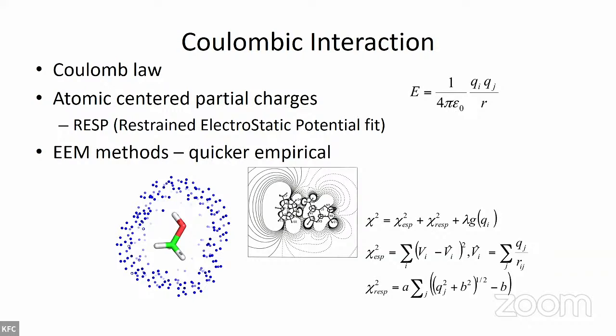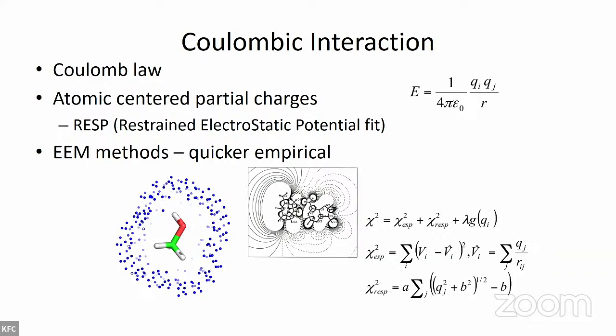And we will fit partial charges to those individual atoms. So that's how the RESP is done. And the RESP is the typical method to prepare partial charges for the simulations, for instance, in the Amber force field.